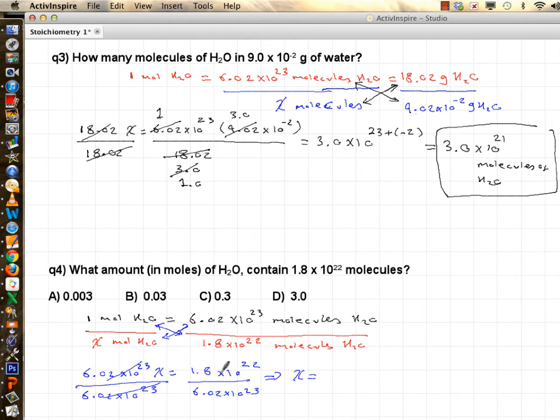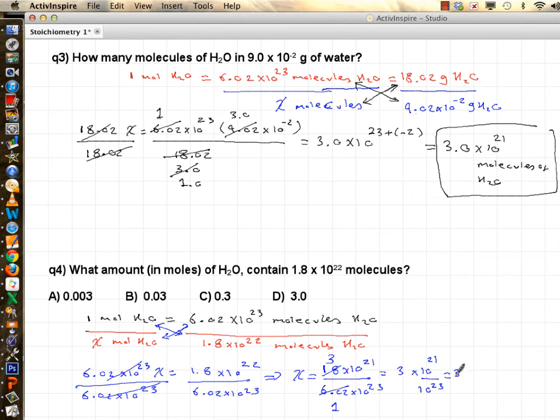Now I'm going to borrow a 10 from the exponent and make my ratio a little bit easier. So it's 18 times 10 to the power 21, divided by 6 times 10 to the power 23. 18 has 3 6s in it. So this is 3 times 10 to the power 21 divided by 10 to the power 23. When you have two exponents as a division, you subtract the exponents.